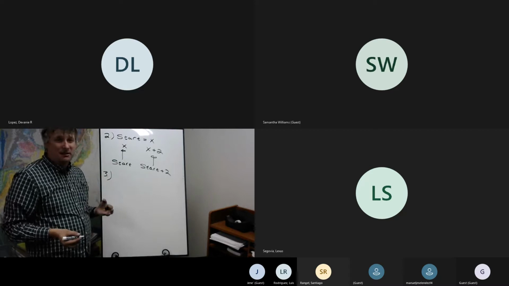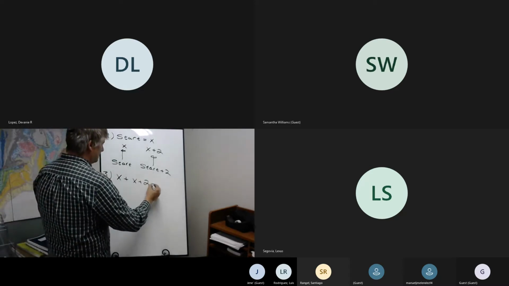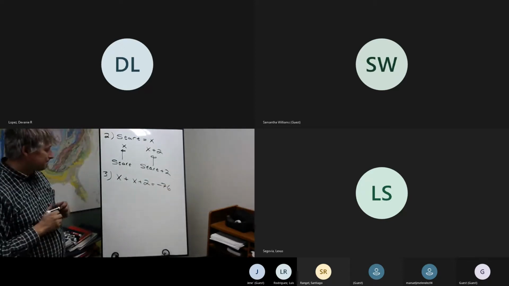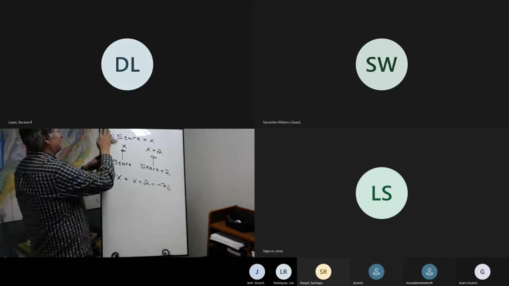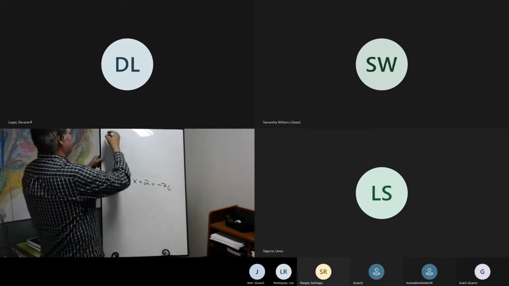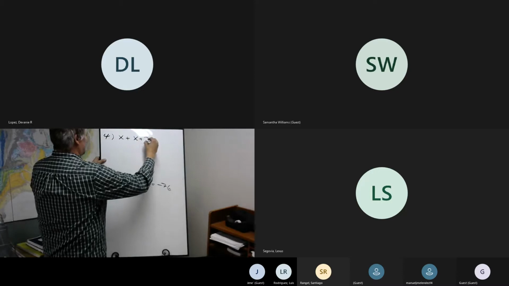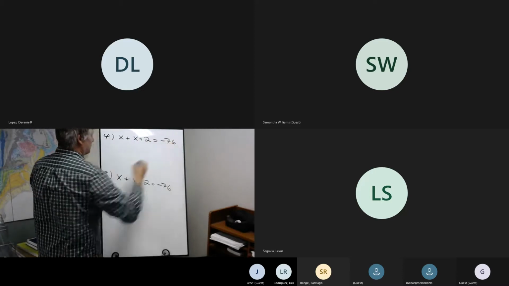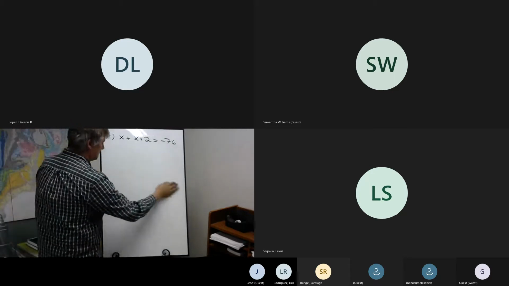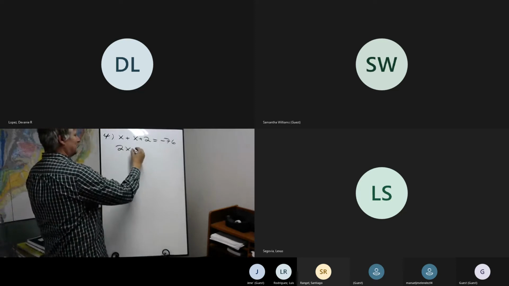Now we're going to add these together. And if we add these together, we get negative 76, according to the problem. So combine like terms.